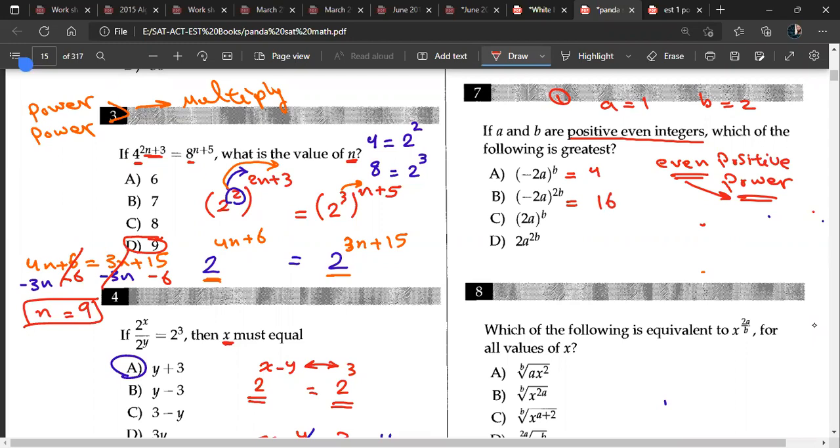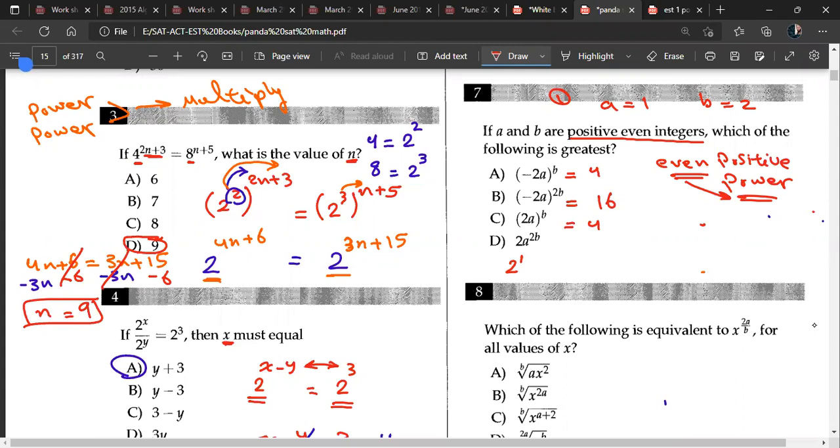Choice C, 2A with A equals 1: 2 by 1 equals 2, 2 power 2 equals 4. And the last one, 2A power 2B. Pay attention to this choice. Here you have 2 with no power, the power is 1.